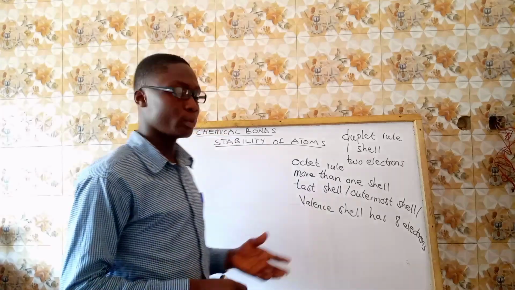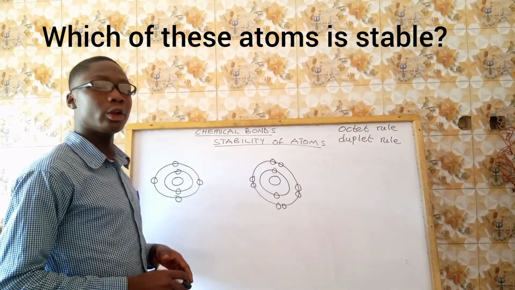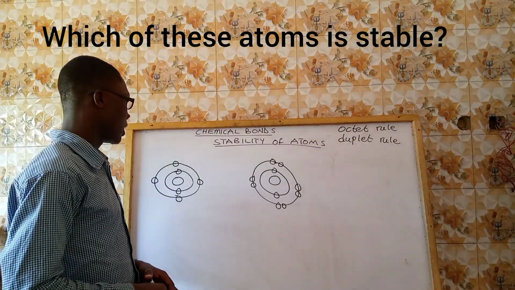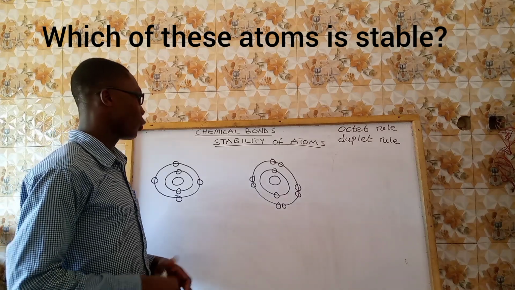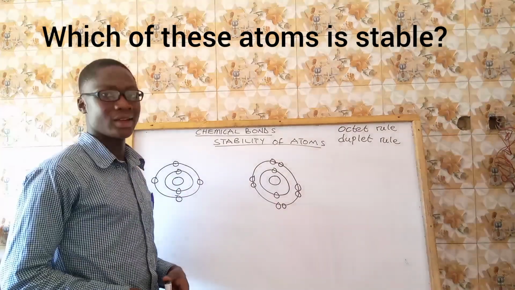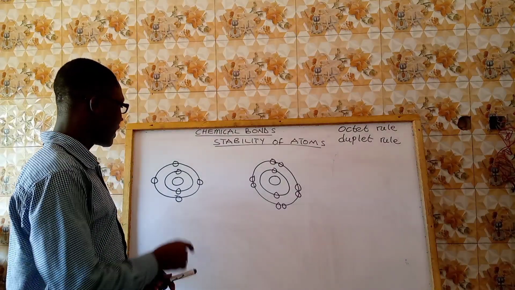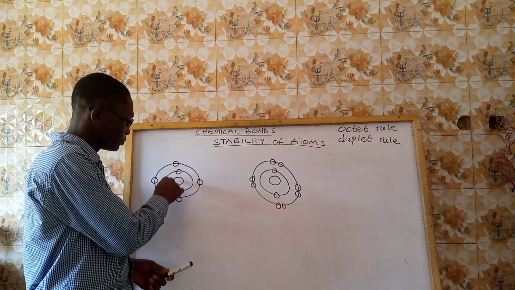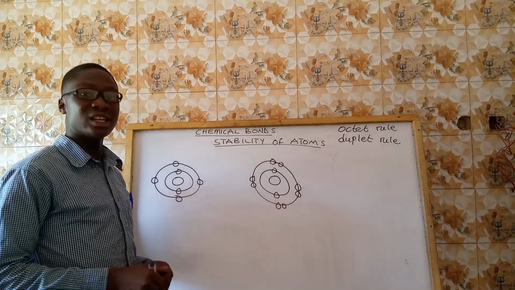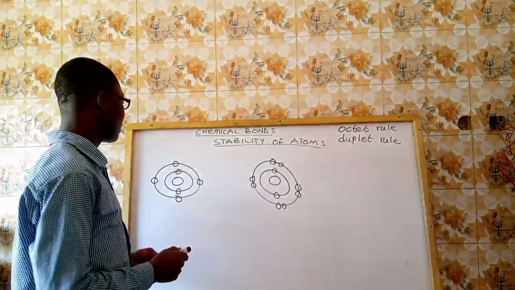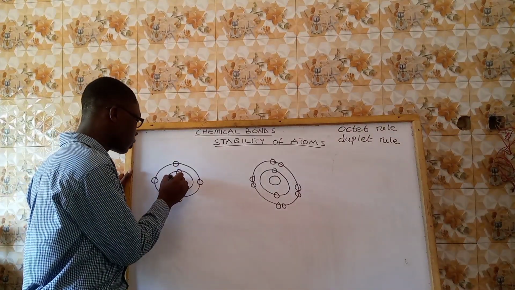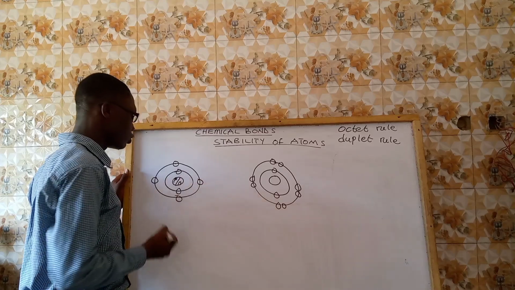Let's look at these examples. Looking at these examples, we have to tell which of these atoms is stable. Now, the circle in the middle, the first circle, is the nucleus. And the nucleus contains the protons and the neutrons.